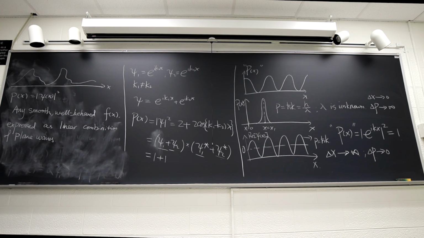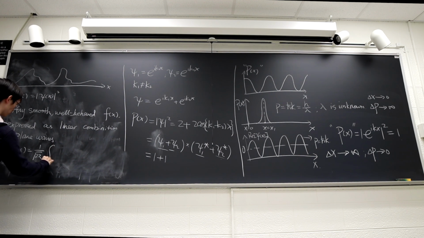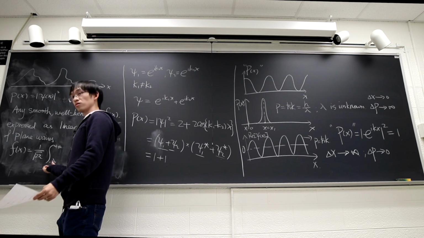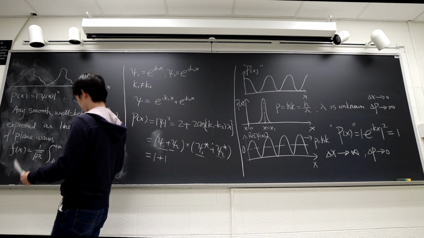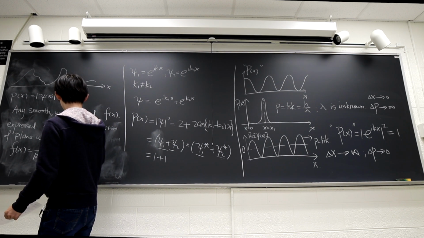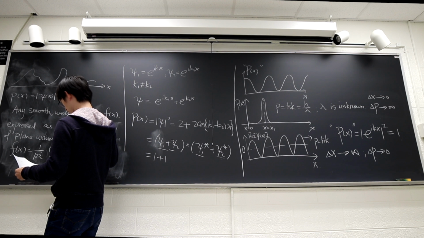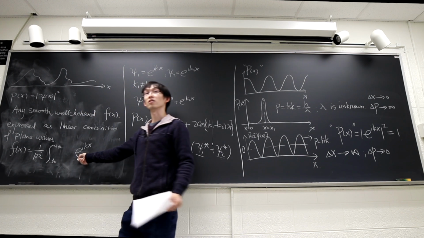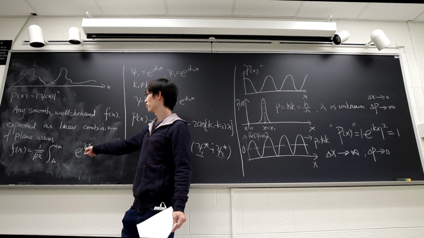So the mathematical form is f(x) equals a linear combination, a sum, which is also the same as an integral, of plane waves e^(ikx). These are all the plane waves with different k.